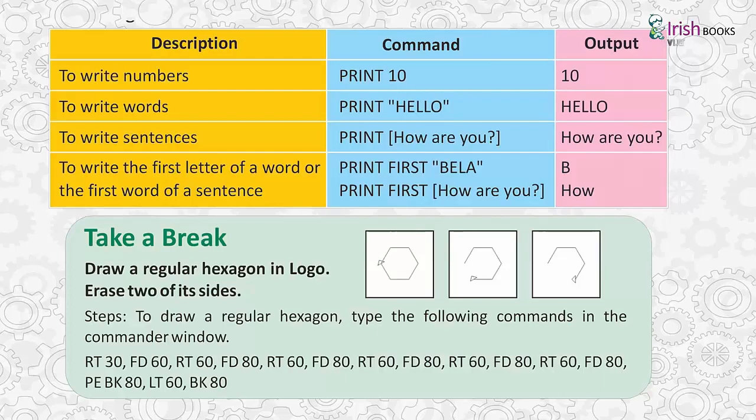To draw a regular hexagon, type the following commands in the commander window. RT 30, FD 60, RT 60, FD 80, RT 60, FD 80, RT 60, FD 80, RT 60, FD 80, RT 60, FD 80, PE, BK 80, LT 60, BK 80.